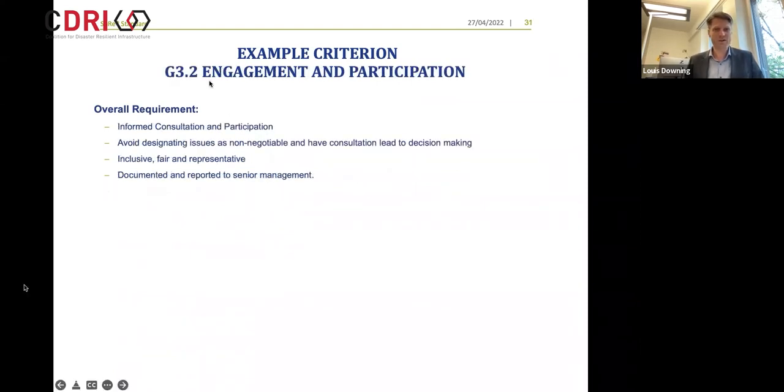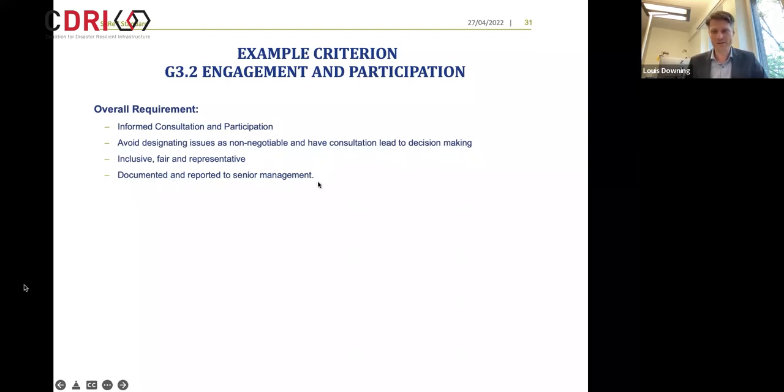Then another example criterion is engagement and participation. So this is looking at having ICP, so informed consultation and participation, to avoid designating issues as non-negotiable, and to have consultation lead to actual decision-making based on that consultation, to make sure that consultation is inclusive, fair and representative, and documented and reported to senior management.